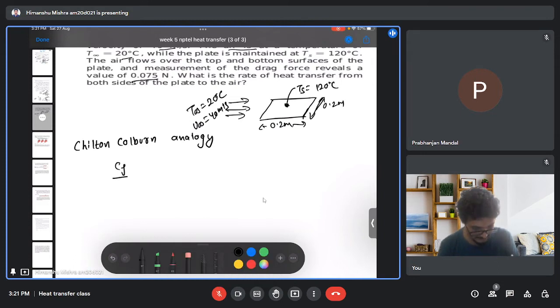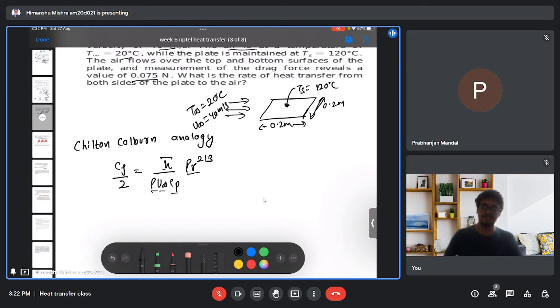So it can be defined as the drag coefficient CF by 2 as... So here Pr is my Prandtl number, and this is my heat transfer coefficient. Cp is my heat capacity, and rho and U infinity are the density and the free stream velocity of the fluid. And CF is my drag coefficient.